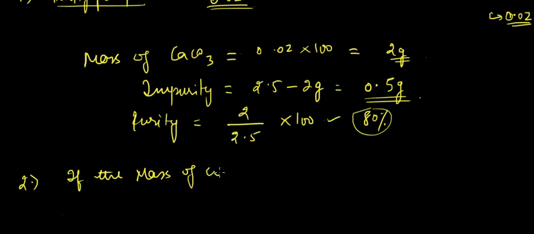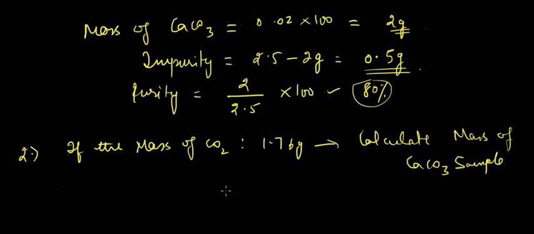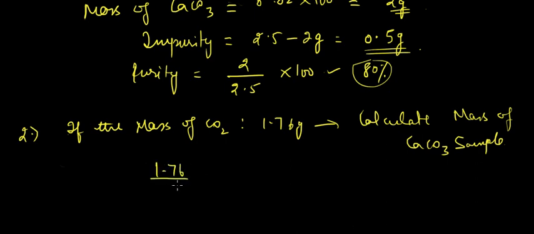So now mass of CO2 produced is 1.76 grams, hence number of moles of CO2 present would be, just divide it with 44, so you will get 0.04 mole.